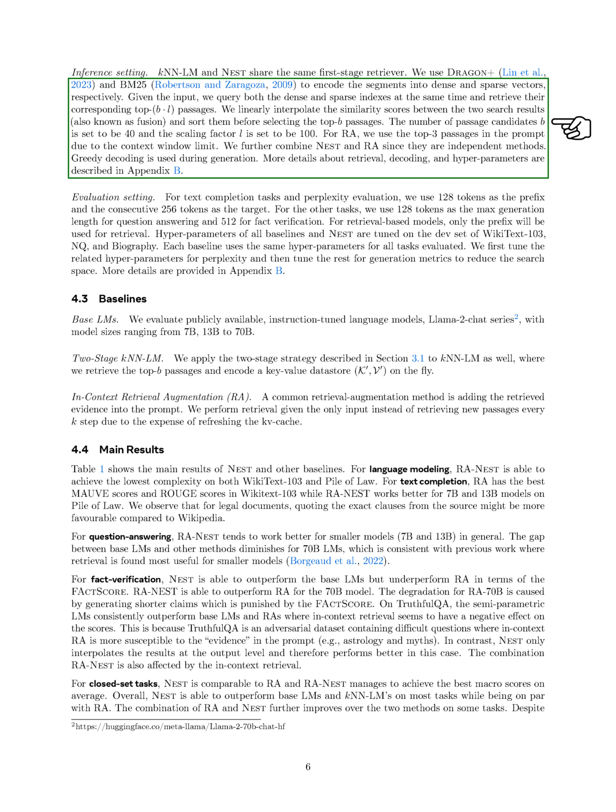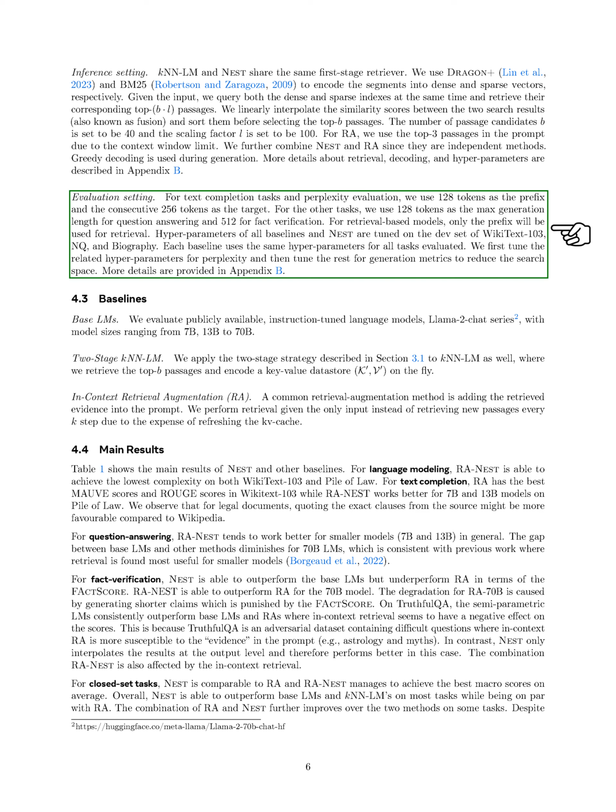We also incorporate RAW and NEST methods for better results. For evaluation, we set specific parameters like token lengths for different tasks and tune hyperparameters on dev sets of relevant datasets. Baseline models and NEST share the same hyperparameters for all tasks, with a focus on perplexity and generation metrics.